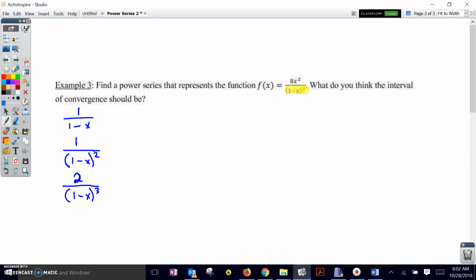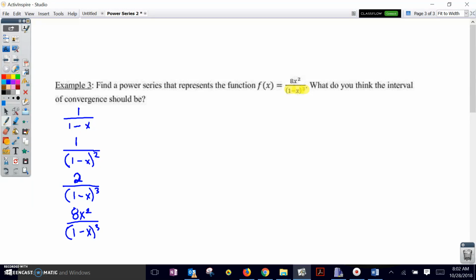And then to get the series that I want, a series for 8x squared over the quantity 1 minus x to the third, all I'm going to do is take this third series that I find and multiply it by 4x squared.